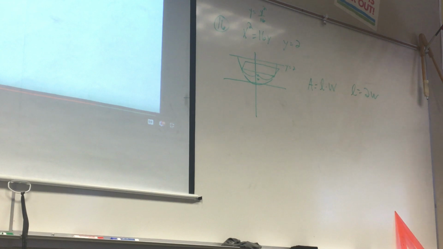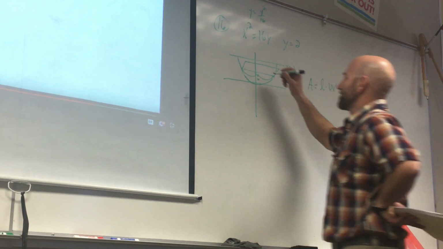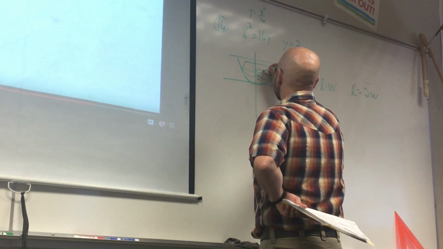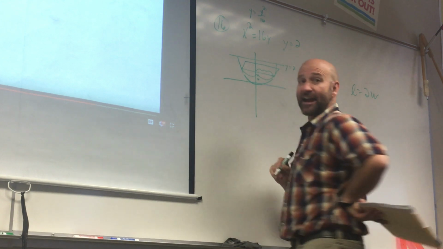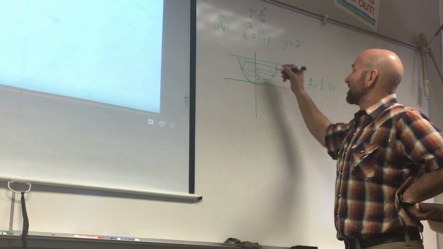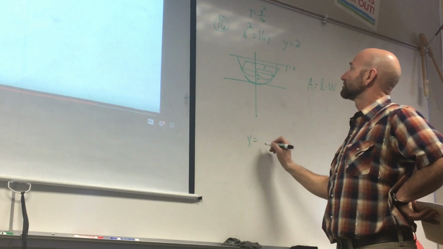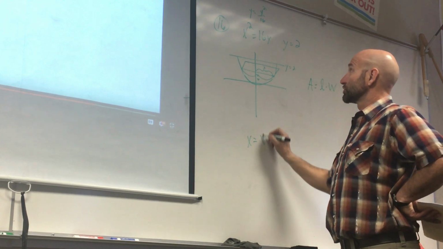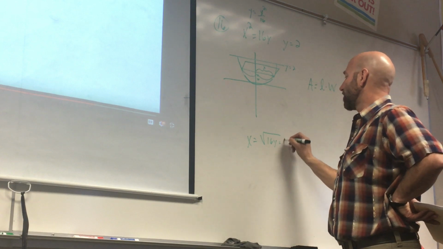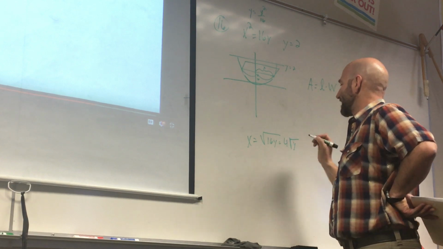How long is it from here to here? Well, it's half the width, isn't it? Yes, but it's x, right? What's x equal to? Square root of 16y, which we all know is 4 square roots of y.